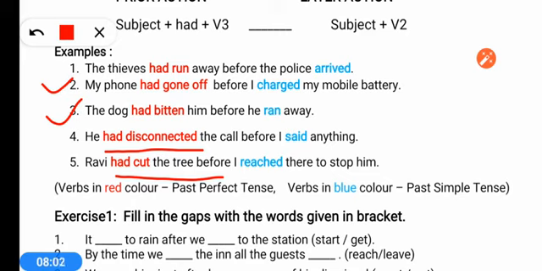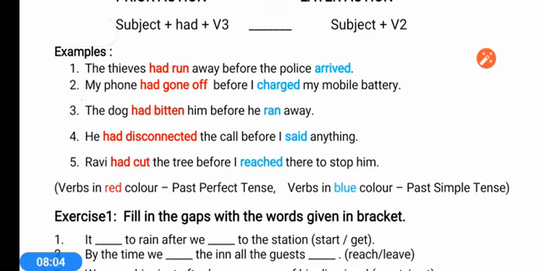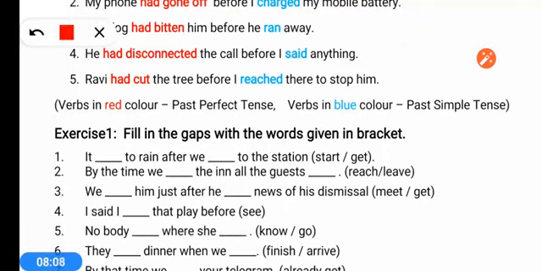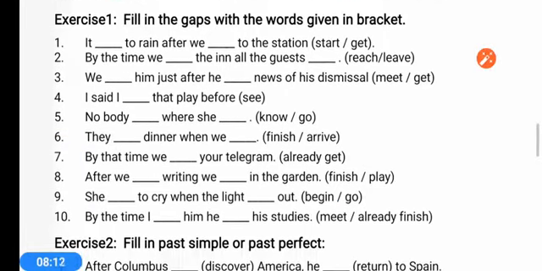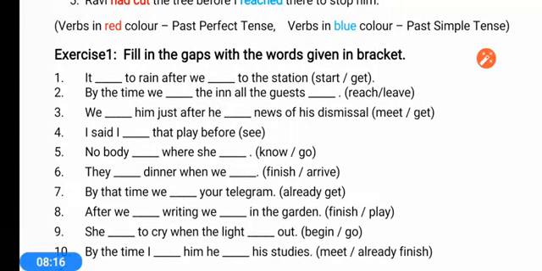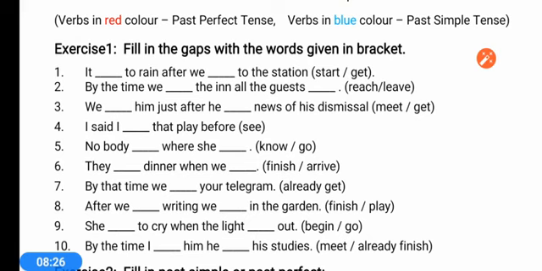So this way we use the past perfect tense in combination with the past simple and past perfect. Here examples are given which you have to do. This one, exercise 1 first. You see, fill in the gaps with the words given in brackets. You have to use the correct form of the word, where you have to use the second form. You have to identify which action is happening first.